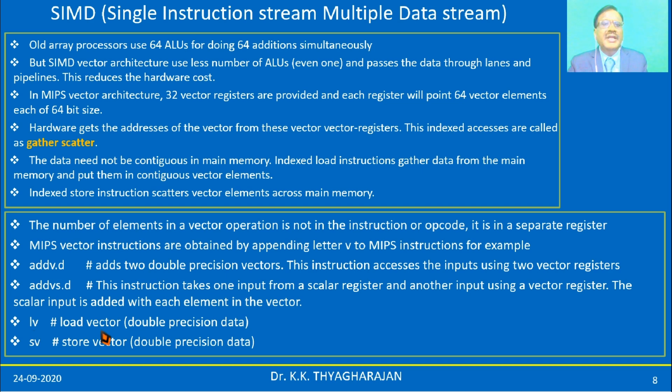The vector available in the memory will be loaded into the vector registers, and store vector will store the results available in the vector register into the main memory. So these instructions will help you to write a program which will use vector data.